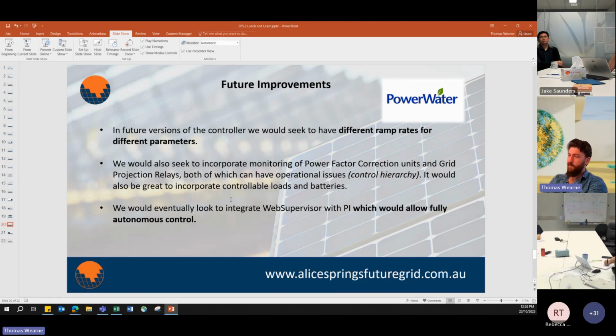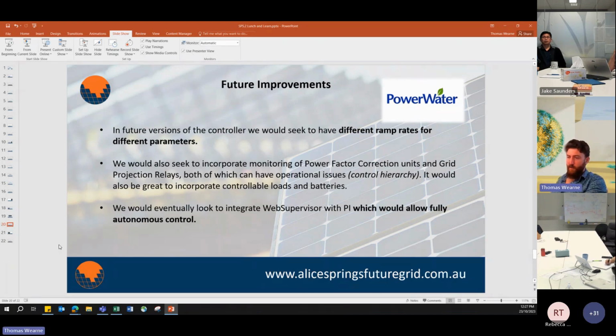It would also be really powerful to be able to incorporate controllable loads and batteries and be able to see the control system use more things available to it to achieve the set points as we make them. And eventually you want to integrate Web Supervisor to PI, which is our data repository at Power and Water, and that's going to be the thing that will allow the system to be operating fully autonomously.